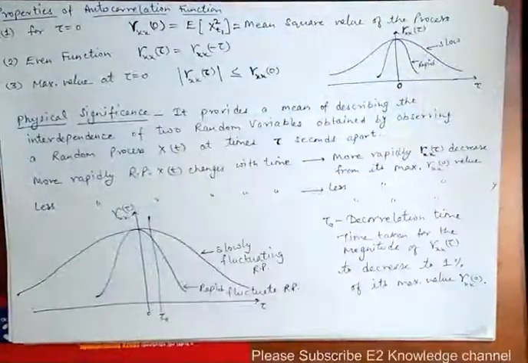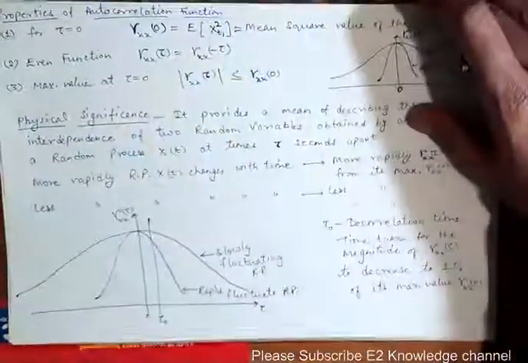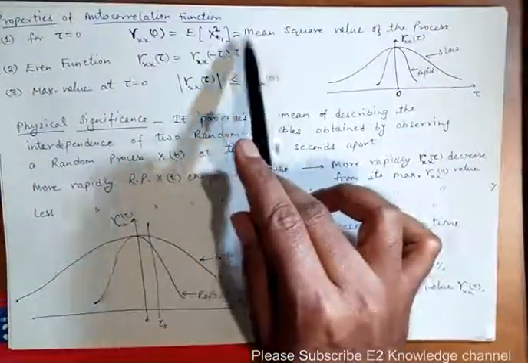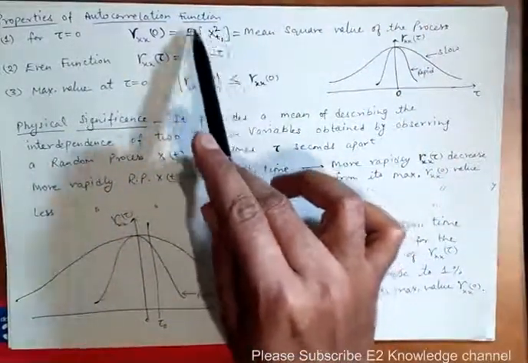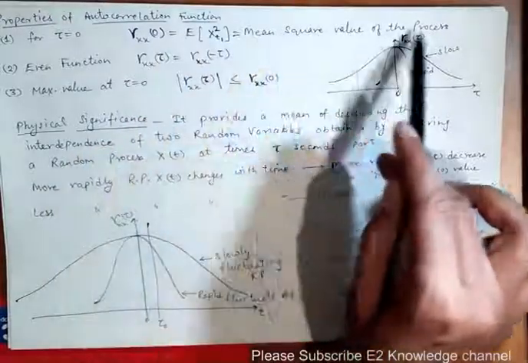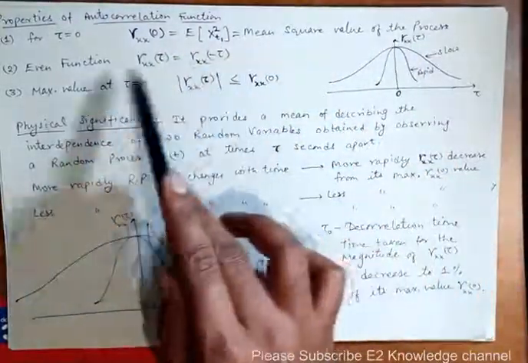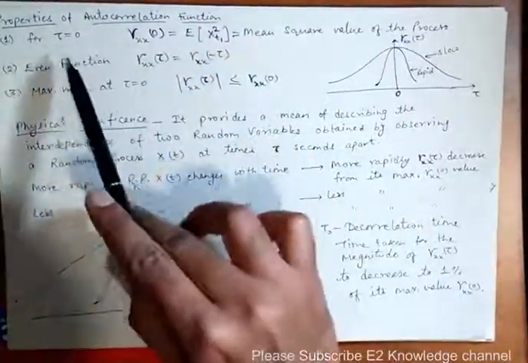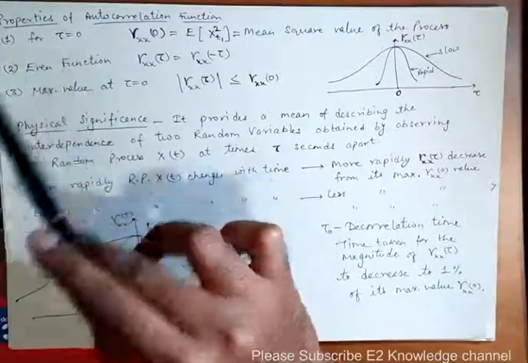So it is x square of t1. That is the mean square value of the random process. So we can get the mean square value of the random process by putting tau equal to 0.